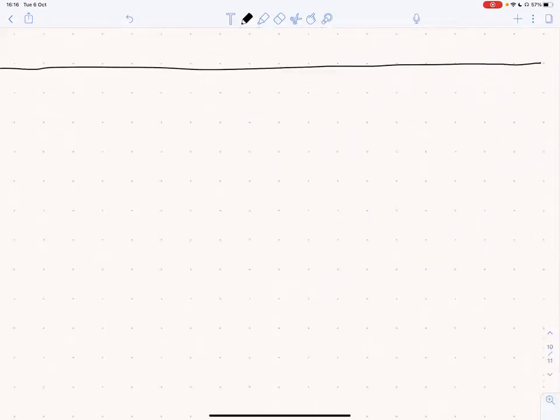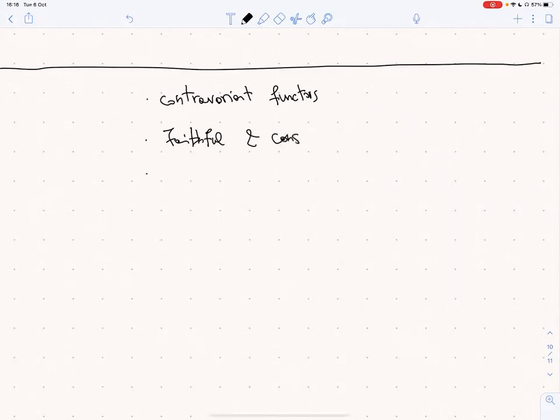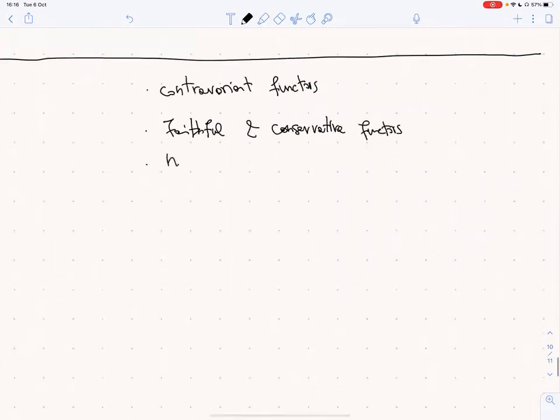So for the last part of this lecture, there are still two things I would like to tell you about. So the last things are contravariant functors, then I would like to tell you about faithful functors, and then I would like to tell you about natural transformation.